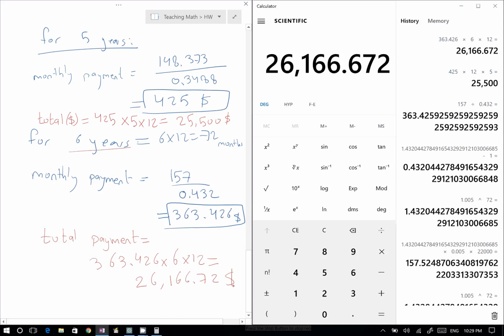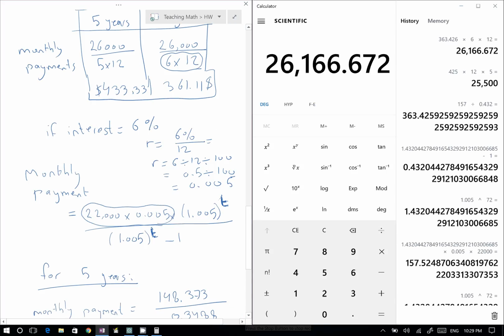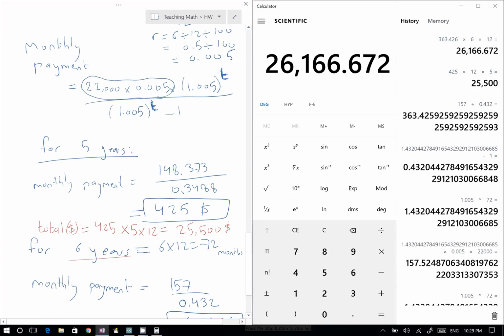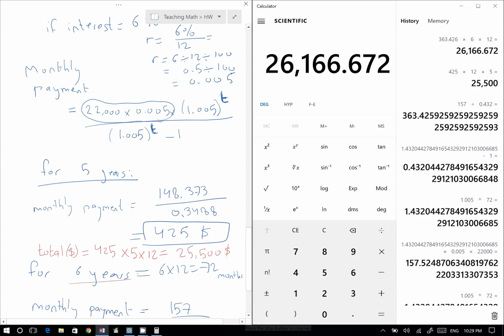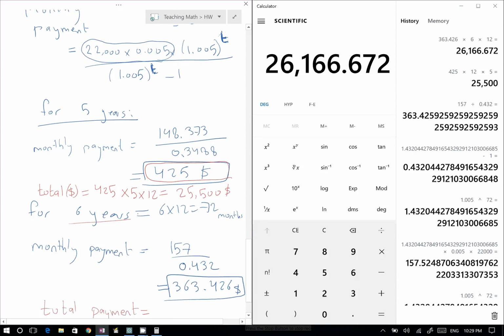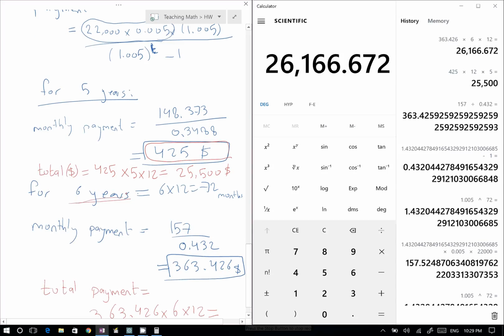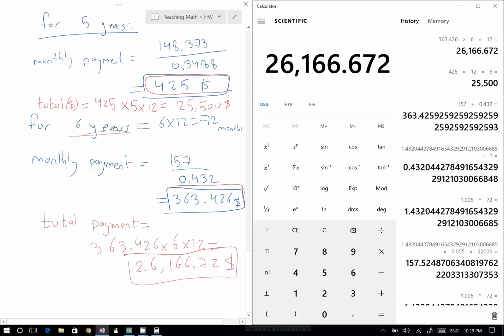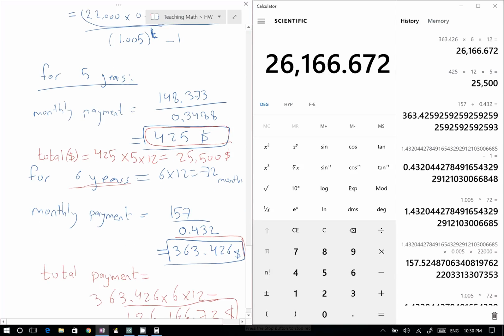My zero interest total payment was 26,000. My payment with 5 years was less than that. My payment for 6 years was more than that. So it showed me that the effect of the term just increasing from 5 years to 6 years had a drastic change on the total payment.